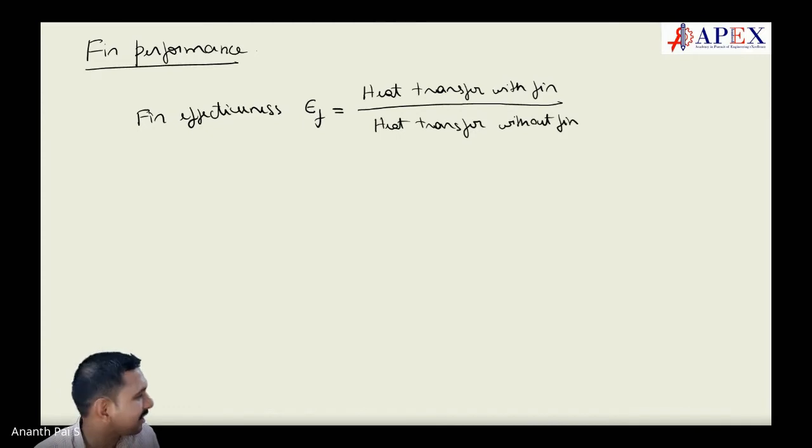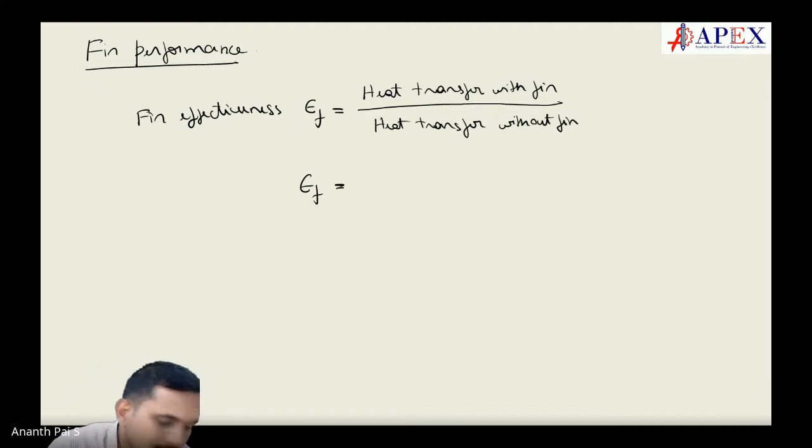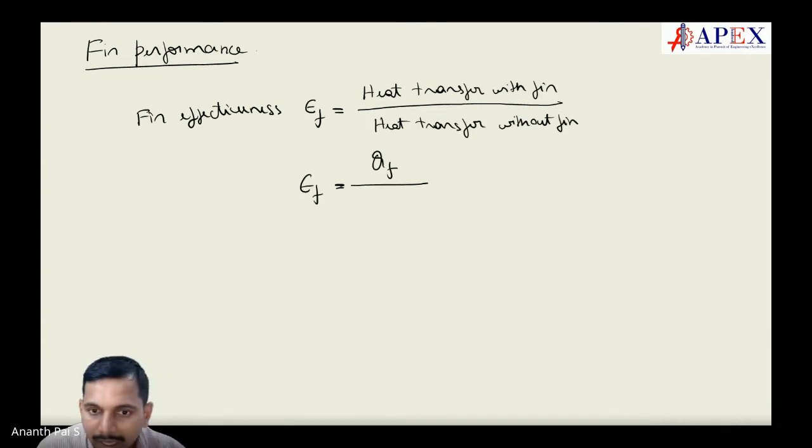So, fin effectiveness, okay. Heat transfer with the fin and heat transfer without fin ratio. Effectiveness of the fin can be written as Q of the fin divided by h A cross section theta b. Correct?